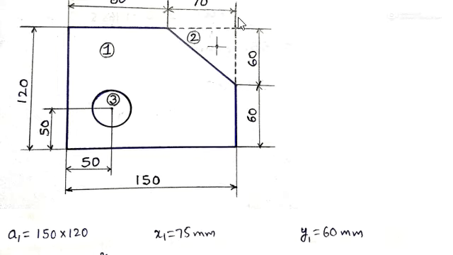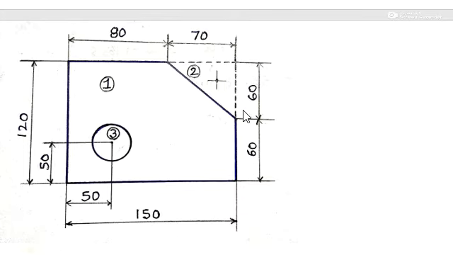Suppose you take this as the base and this as the height, say 60 as the base and 70 as the height. The position of the centroid of this right angle triangle will be b by 3 and h by 3, meaning from this edge it is h by 3 in height, and from the other edge it is b by 3. So this is the location of the centroid. But we require from here to here. So from here to here it is h by 3, and it is 2/3 of h. So it is 1/3 of h.